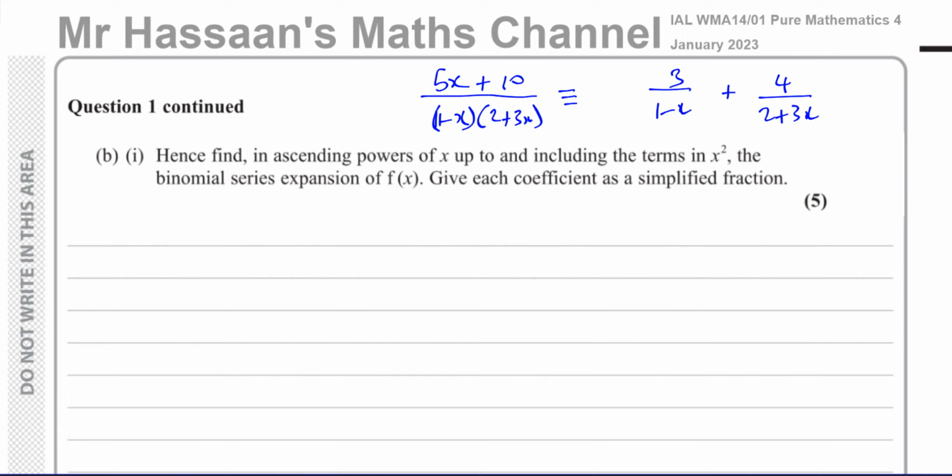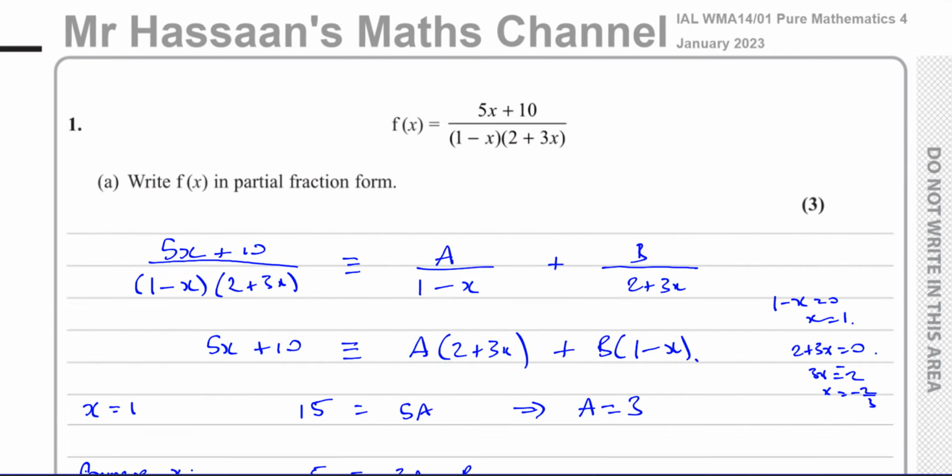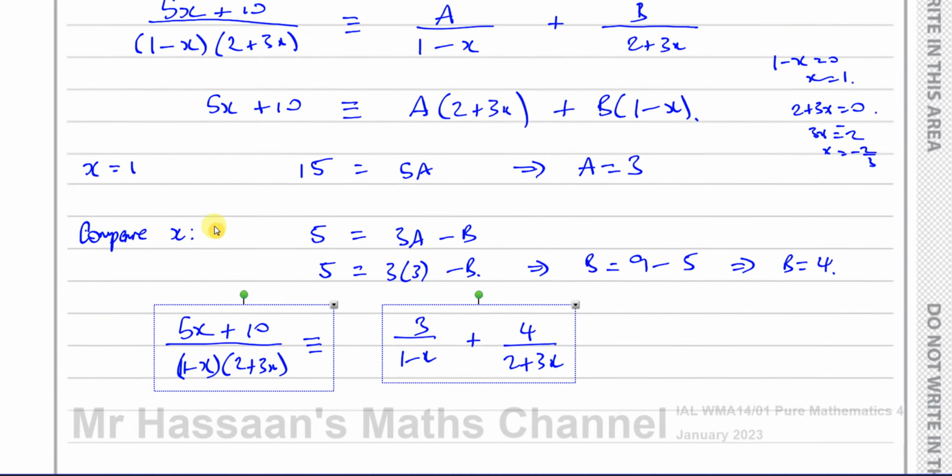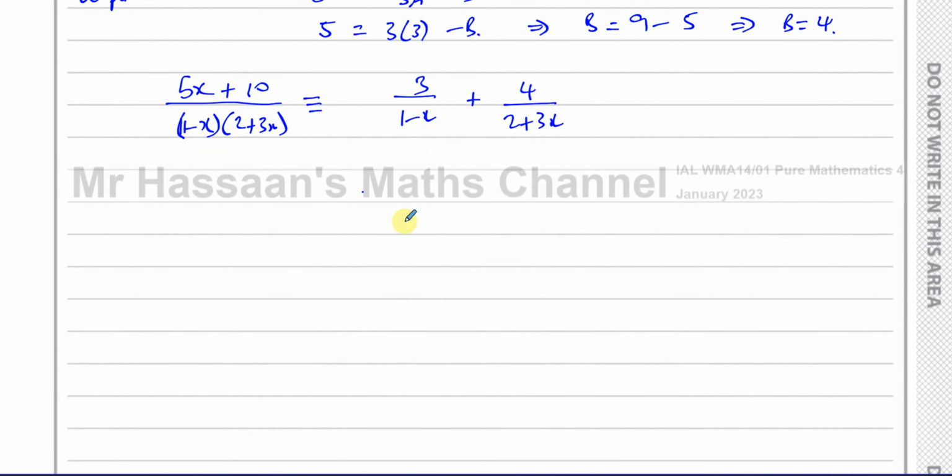Just one little point before I move on actually. Supposing, of course, you don't have the mark scheme for this question. During the exam, you don't know whether you've done it right or wrong, and you want to make a quick check to see if you're correct. Well, you could add these two fractions together. To add fractions, a quick way is to just multiply the denominators, which you don't have to actually multiply out.